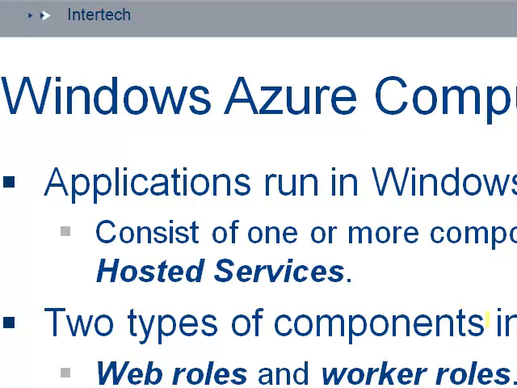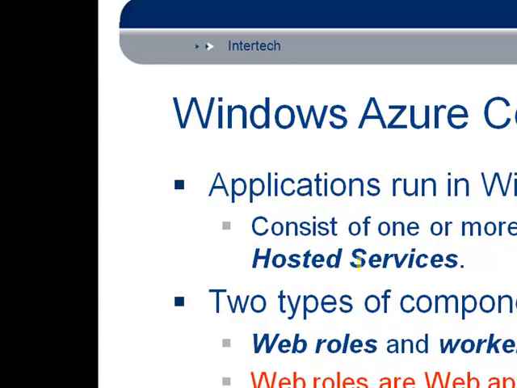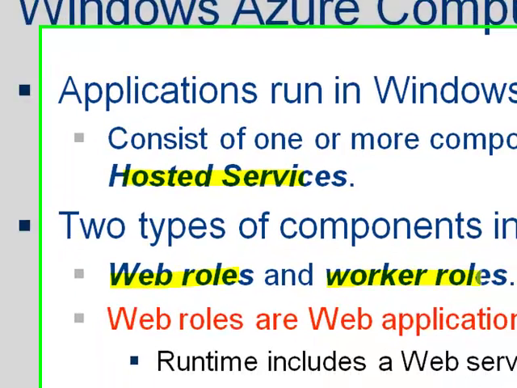So inside of Windows Azure Compute, Compute is where we have our roles running. We talked about how Windows Azure Compute really is where we have one or more hosted services. And there are 2 types of hosted services today. We have what are called web roles and worker roles.